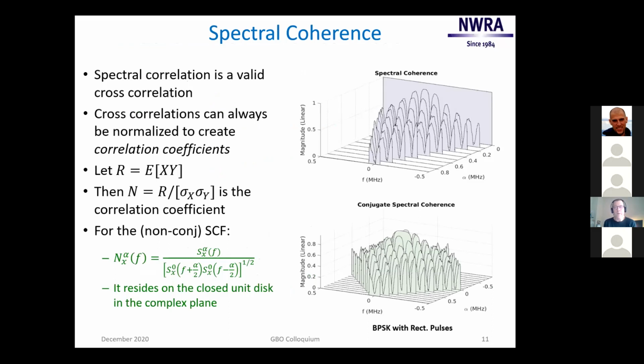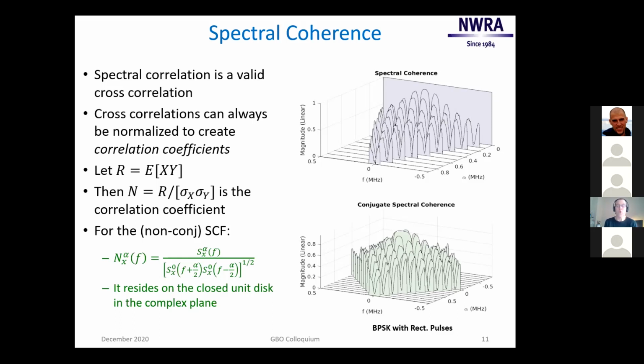And what we want to do is process the spectral correlation function so that we can tell what the significant parts are in the plane, independent of having to know things like the power or even the noise floor. So one strategy to do that is to just normalize the spectral correlation function, which is a correlation, by the geometric mean of the variances of the involved variables.